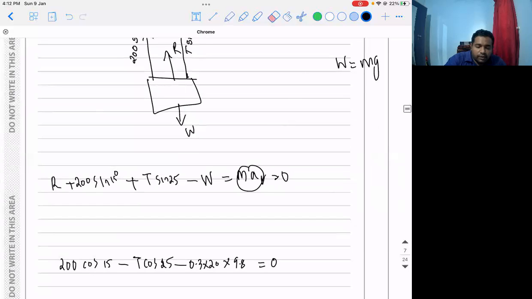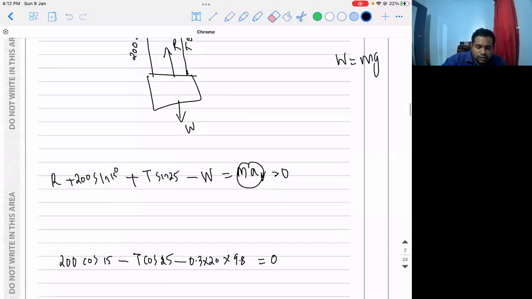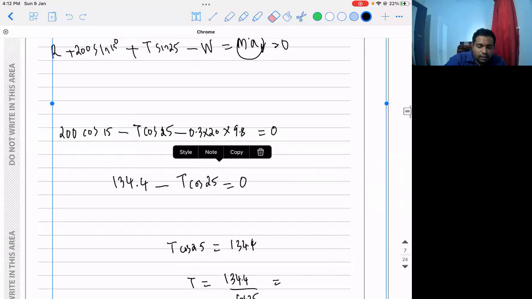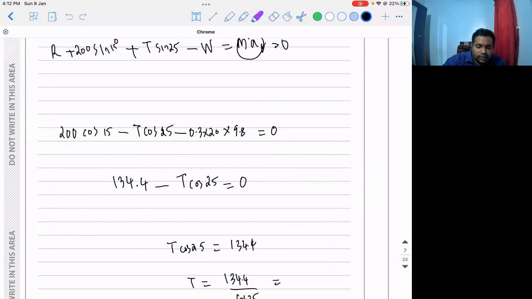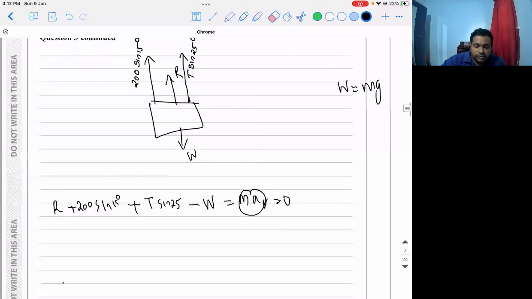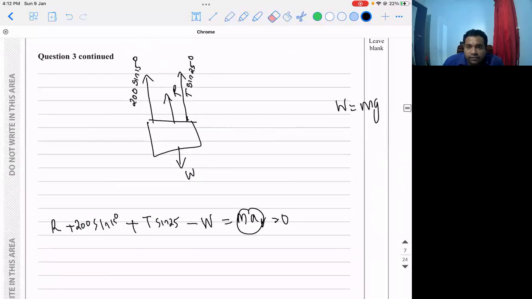So don't confuse, okay? We are not directly taking W as R, because we have two more components. So I will bring all this together for a while. We'll delete this part. Just drop off these things. So R plus 200 sine 15 degree plus T sine 25 minus W is equal to 0.